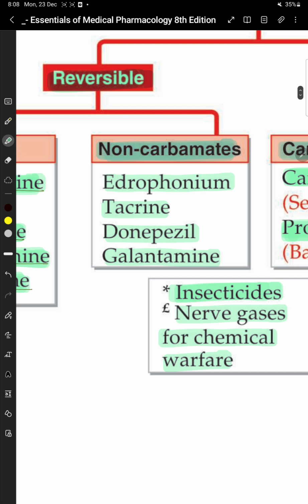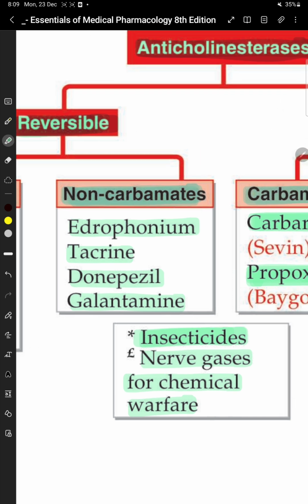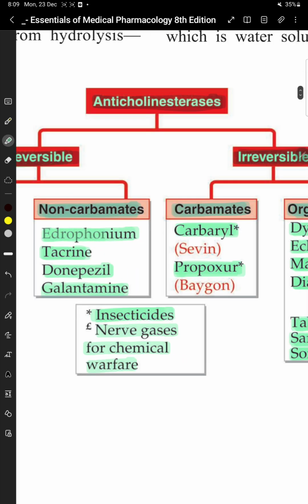And reversible non-carbamates are donepezil, tacrine, edrophonium, and galantamine. See, edrophonium is a non-carbamate.